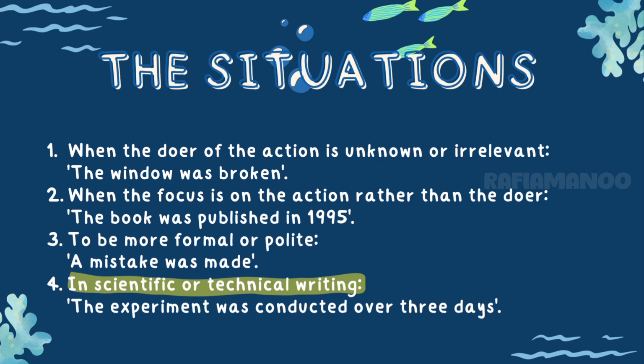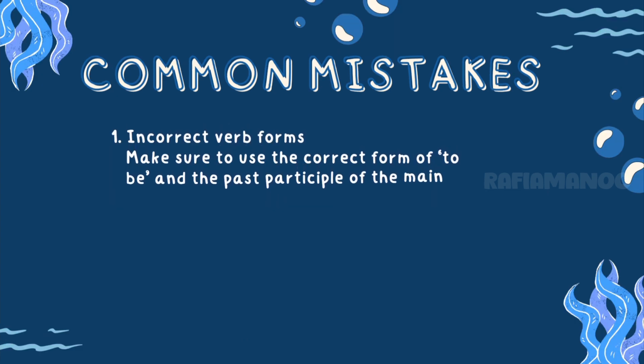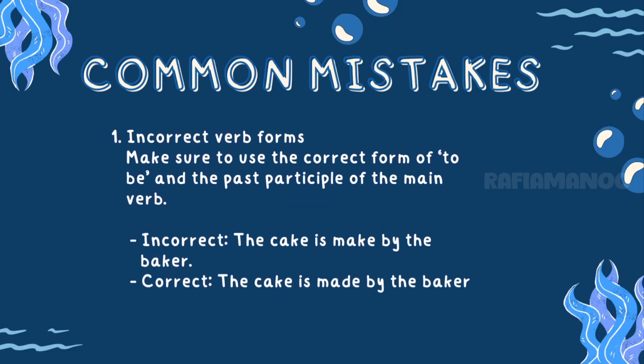Using passive voice helps shift the focus from the subject to the action or the object, which can be more appropriate depending on the context. Common mistakes. Before I wrap up, here are some common mistakes to avoid when using passive voice.